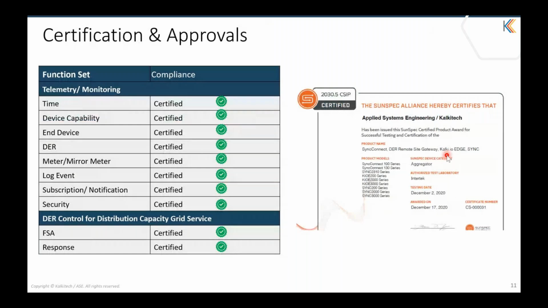As we discussed in the previous slide, the 2030.5 aggregator or direct client in the gateway as well as the data hub is tested and validated as per the SunSpec CSIP standard. All the mandatory and optional function sets as defined in IEEE 1547 for the CSIP standard are verified and certified by SunSpec.